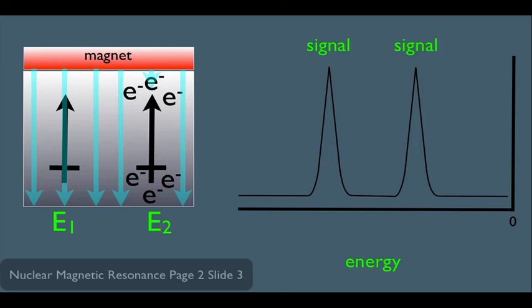Each one of these signals would correspond to the amount of energy necessary to bring a particular H atom or nuclei into resonance. For instance, this one right here would be E1 on the left, and the signal on the right would be E2. So for instance, going back to our diagram, let's say we're representing the left hydrogen as A, then this signal right here is due to that A hydrogen. And if we represent the other H atom as B, this would be the signal right here for him.